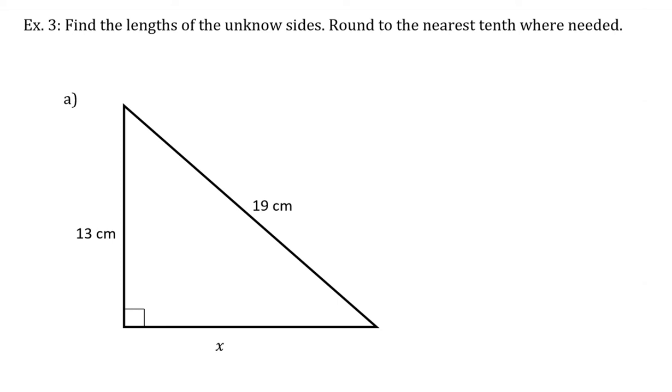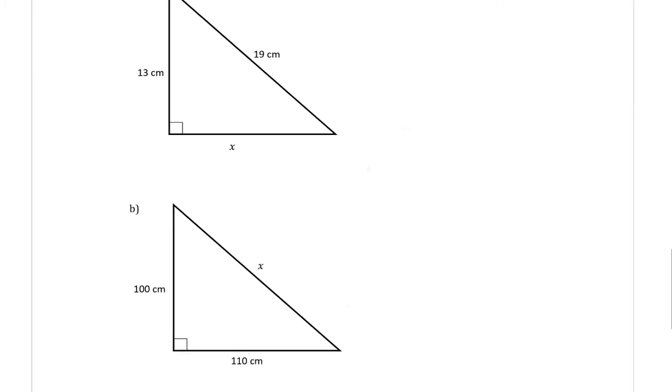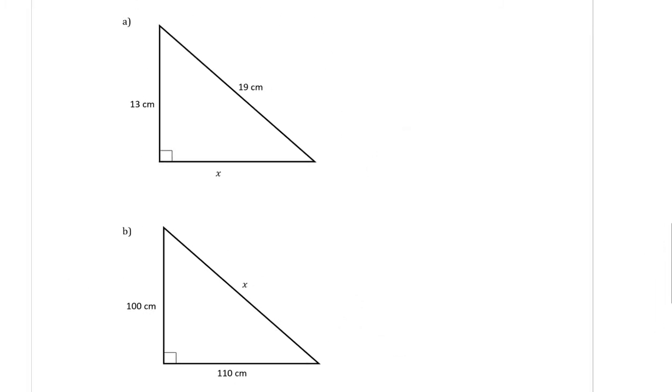So here's the tip. When I look at these 2 questions, what is different about them? They're both right triangles. This one gives us the longest side. This one's looking for the longest side. So that's your tip. If you look back at the first example, you'll do each of these exactly like the one that it's similar to. That's the first thing that you need to be thinking of.